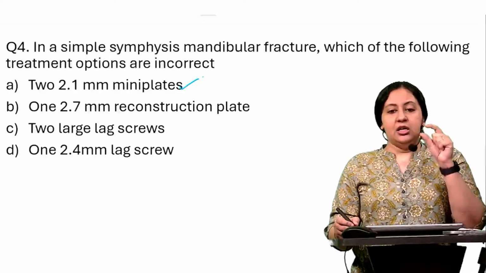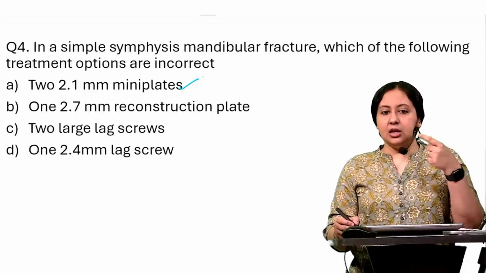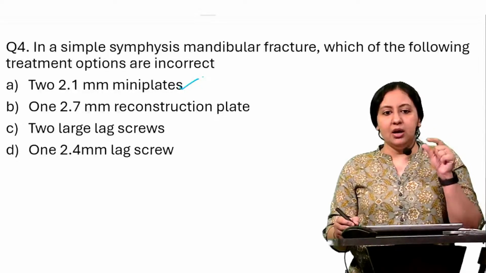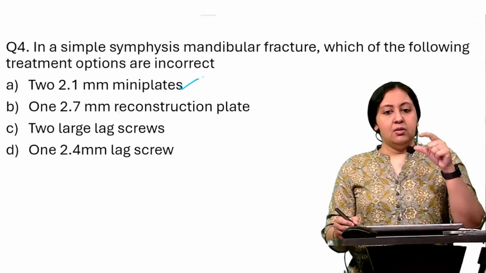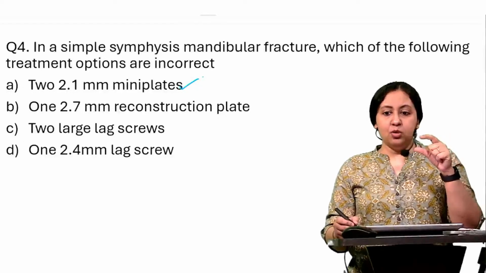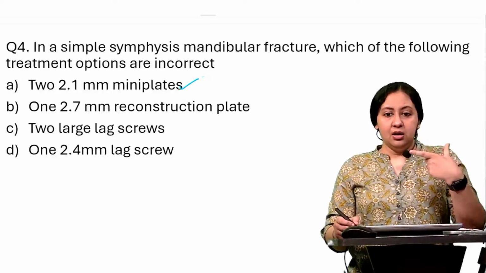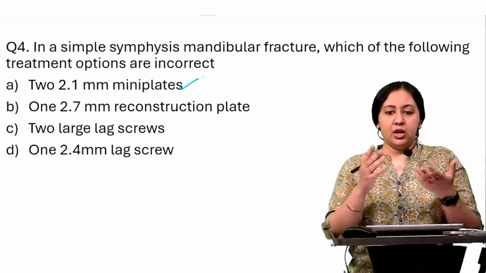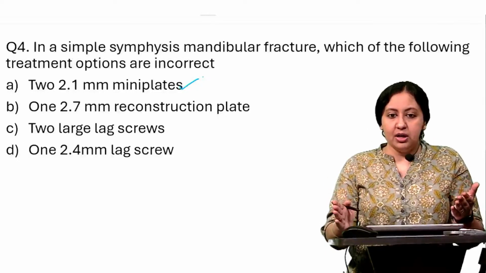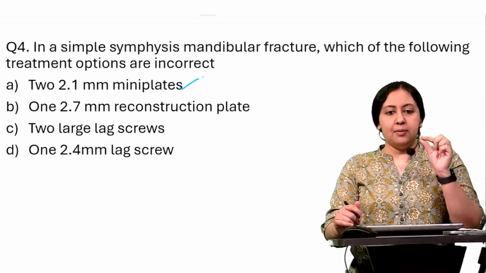Its profile is much bulkier than a 2.1 mm mini plate. In all its dimensions it is bulkier. So it has greater height and length, and you can determine the length on your own. You can cut the plate wherever you require, and also the thickness of the plate is more in comparison to a mini plate.